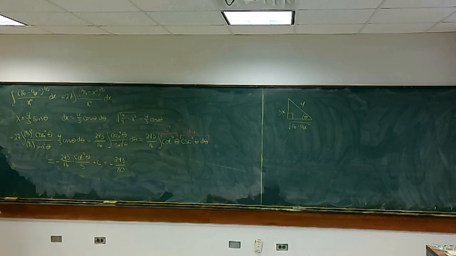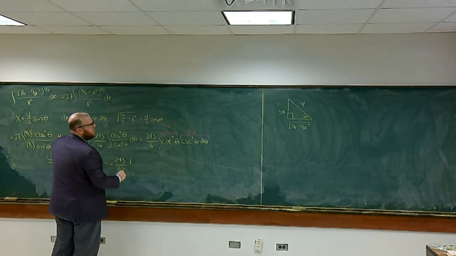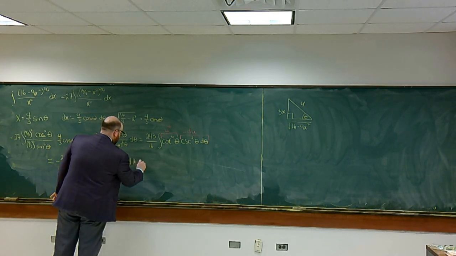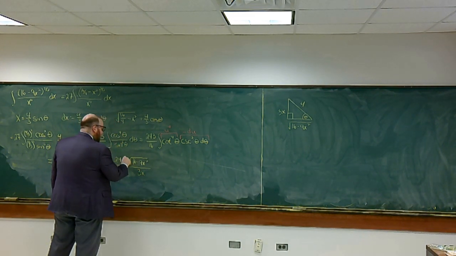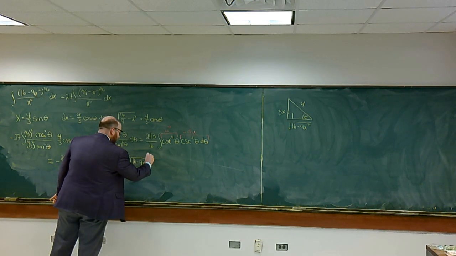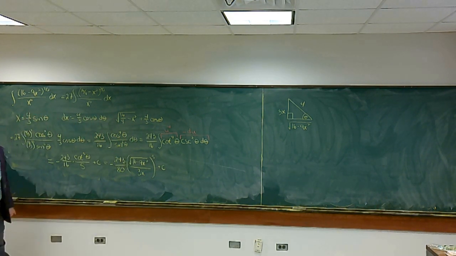Cotangent is then adjacent over opposite. Square root of 16 minus 9x squared over 3x, but that whole thing is raised to the fifth power because it's cotangent to the fifth.